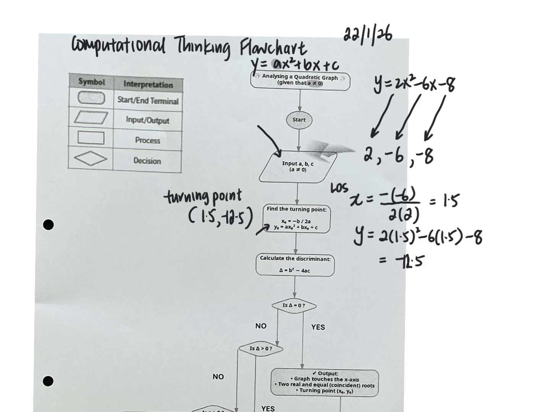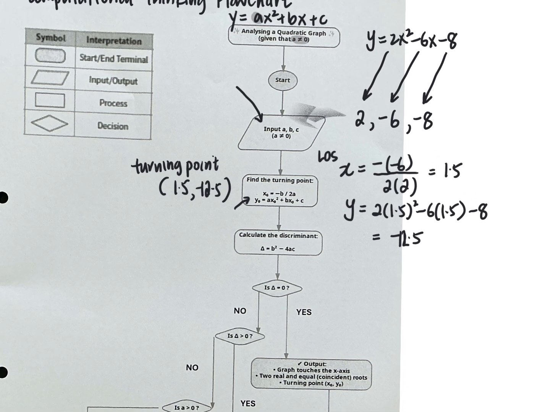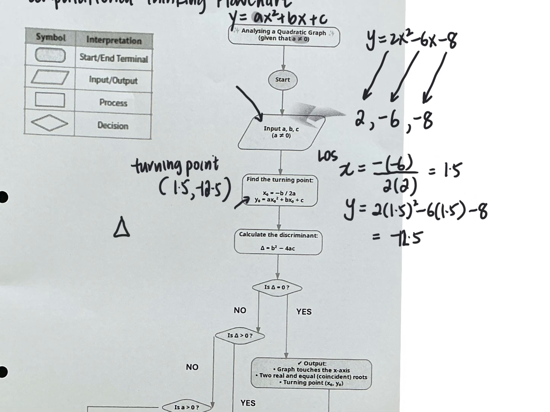Then they say, can you also calculate what is the discriminant? And they use this symbol for discriminant. Sometimes we use big capital letter D. So discriminant, they say, is B squared minus 4AC. So this is the formula that you will use a lot. I will explain to you later why it is called discriminant.